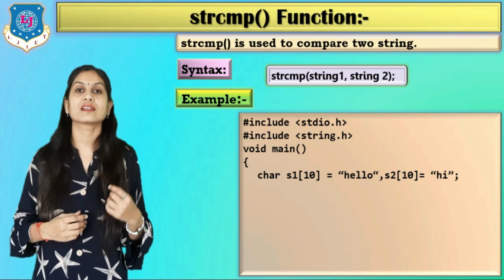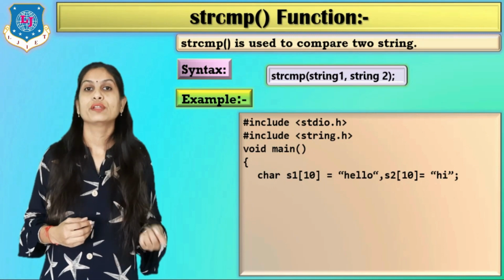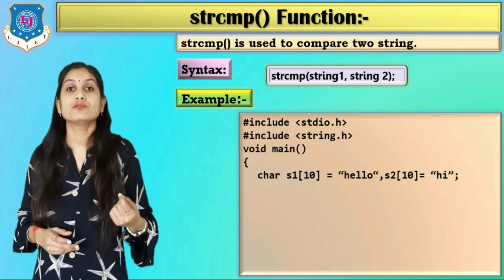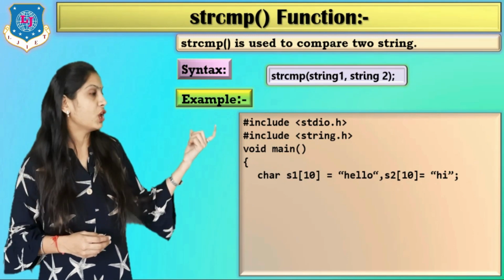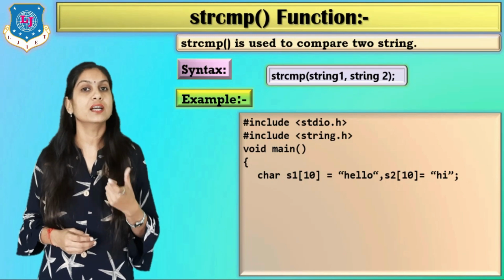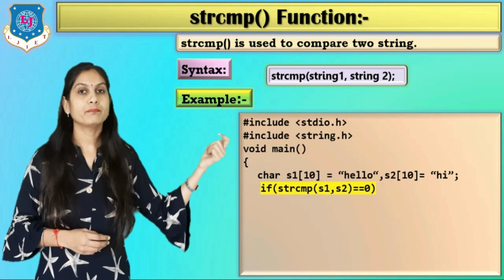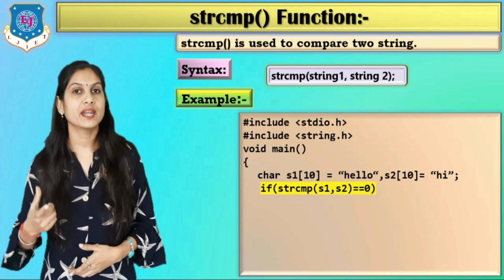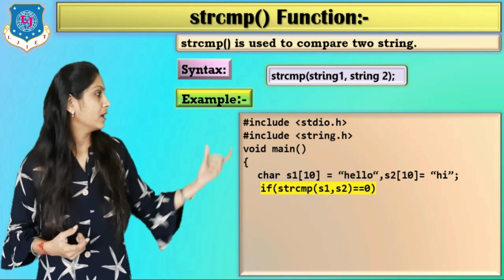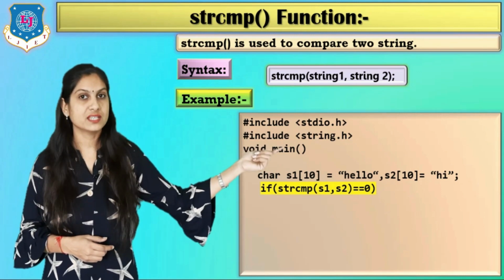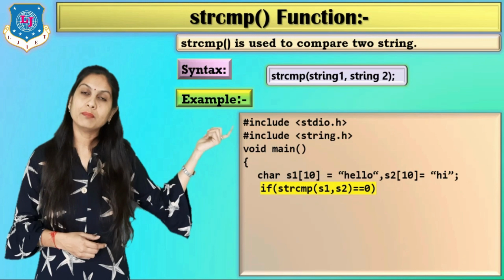But suppose that the difference is not 0, then we find that both strings are not equal, and for that we have to use an if condition. So this function is always used in an if. First we write if, and then inside the brackets we write the function name strcmp, both the strings s1 comma s2, equal 0. If this condition is true, the meaning is what?